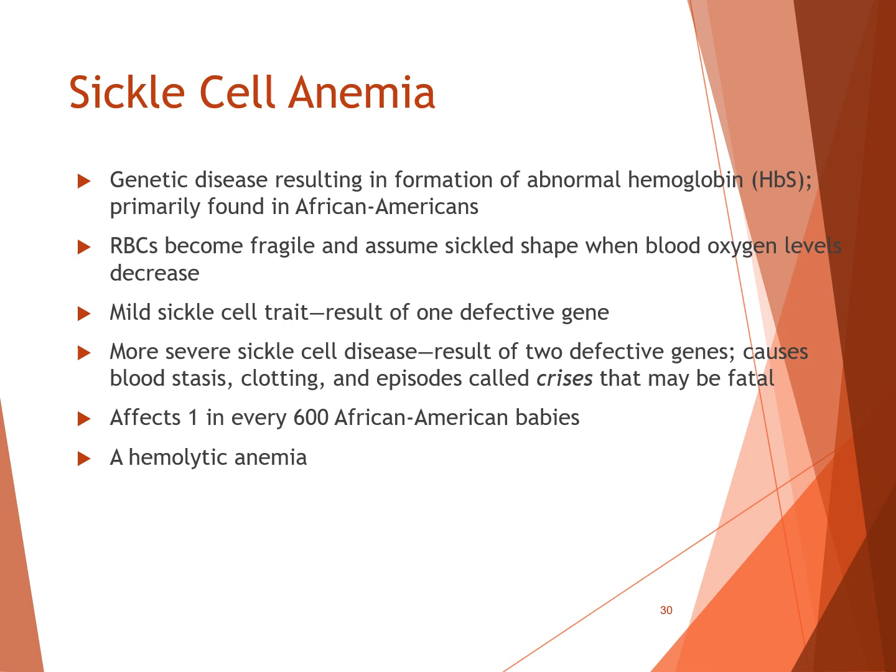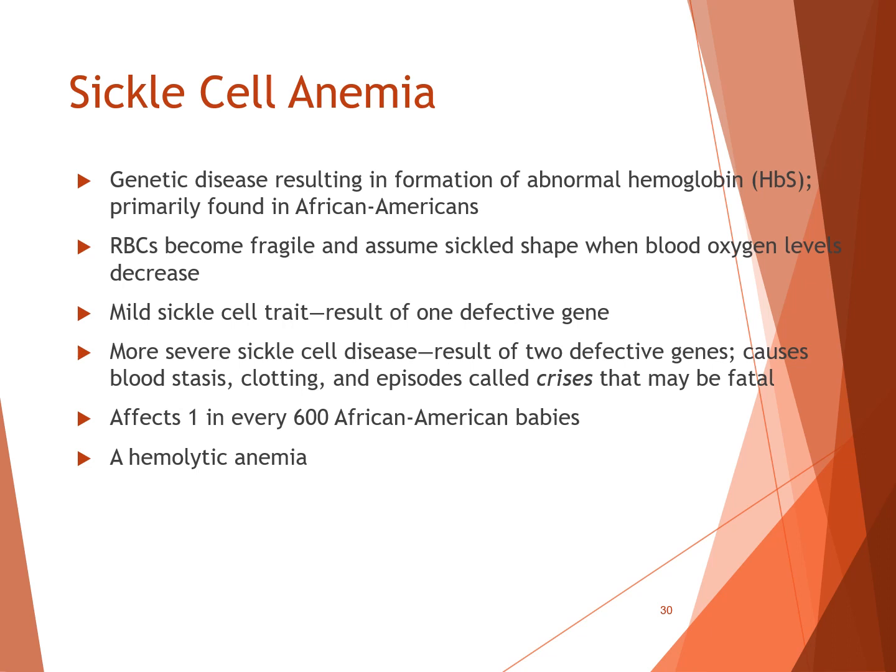Remember when we talked about hemoglobin, we said it was a 4-protein molecule with 2 alpha chains and 2 beta chains. So here we're getting a substitute amino acid on one of those beta chains, and this makes the red blood cell less stable. And because of that, it forms into a sickle or crescent shape when the blood oxygen level is low.